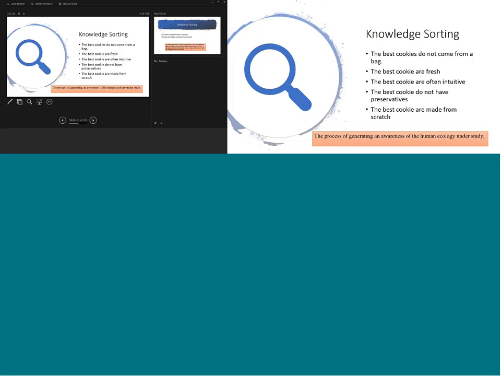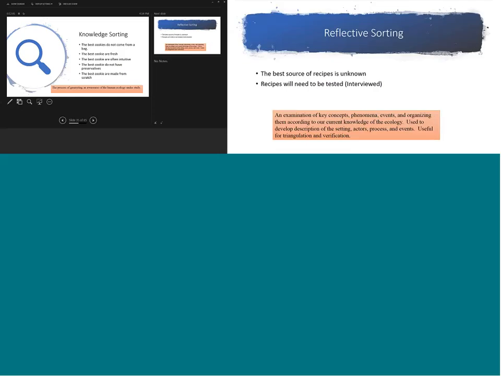So what this knowledge sorting does is it starts to help us not only process and generate an awareness of the ecology under study, but also understand who's going to be our informants, who are going to be our participants that we want to go after. In this case, I'm not going to go after store-bought cookies, for example. I'm going to go after a different informant, a different participant.